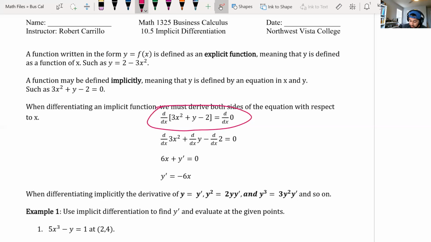And then you take the derivative separately of every single term, giving us 6x plus y prime equal to 0. And once you take the implicit derivative, all you have to do is solve for y prime. That's our goal here.